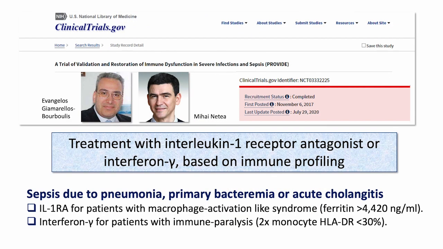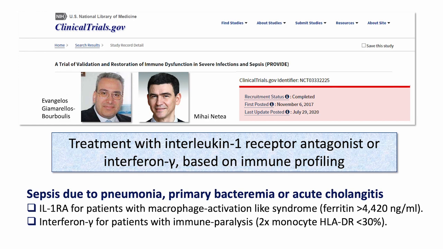And recently, a trial has been completed in which sepsis patients were selected for either anti-inflammatory therapy by interleukin-1 receptor antagonist or immune stimulatory therapy by interferon gamma based on their immune profiling.